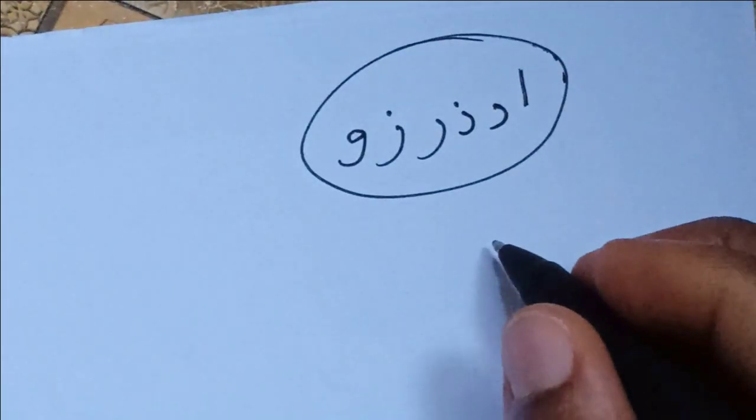So in order to move ahead, we know how to join the disjoint letters. The disjoint letters, as we said in the last class, are alif, dal, zal, ra, zain, and wa. These are 6 letters altogether, as we explained in the last class.